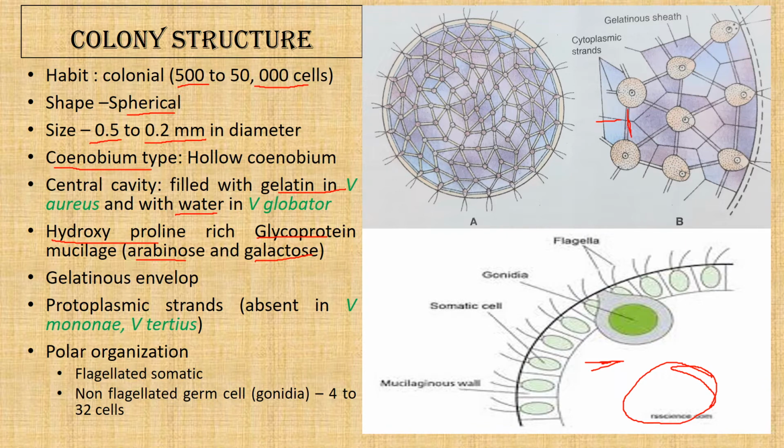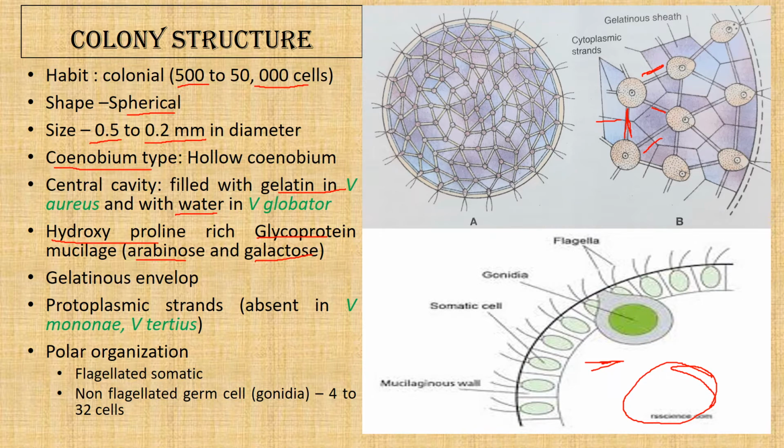Now in this diagram, we see that each cell is connected to the neighboring cell by cytoplasmic connection. Though there is cytoplasmic connection, each cell in the Volvox colony is independent when it comes to nutrition, excretion, and respiration.